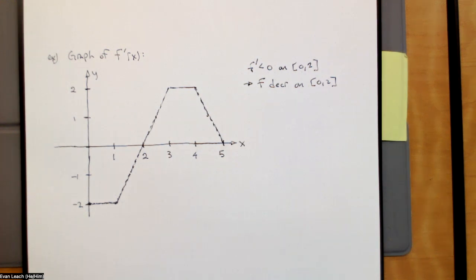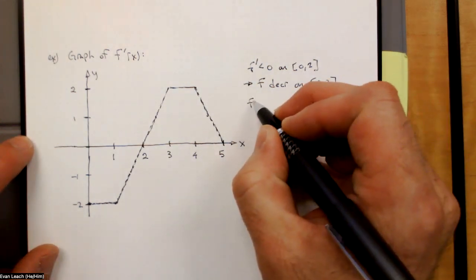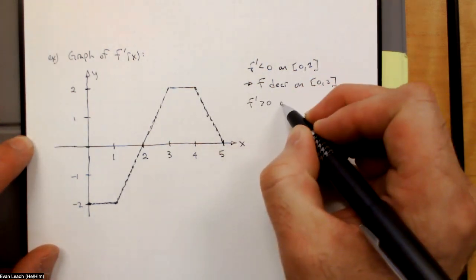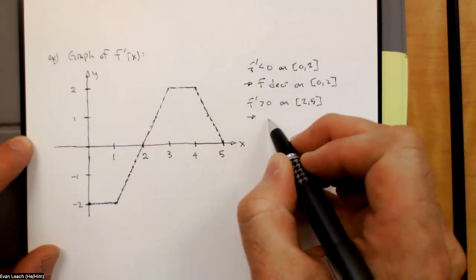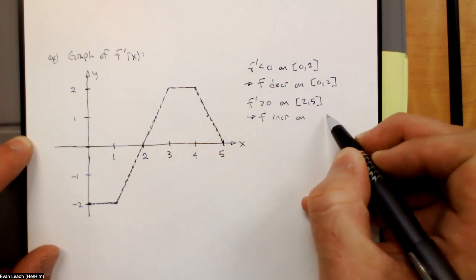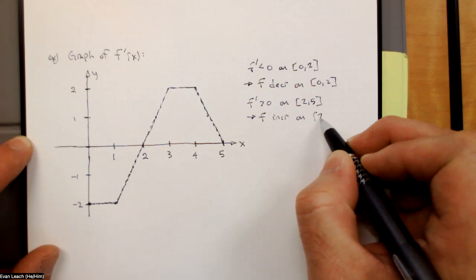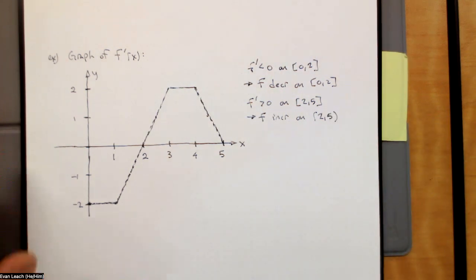On the interval from 2 to 5, we see that the derivative is positive. So that tells us that the function is increasing on the interval from 2 to 5. I'm going to modify this slightly.